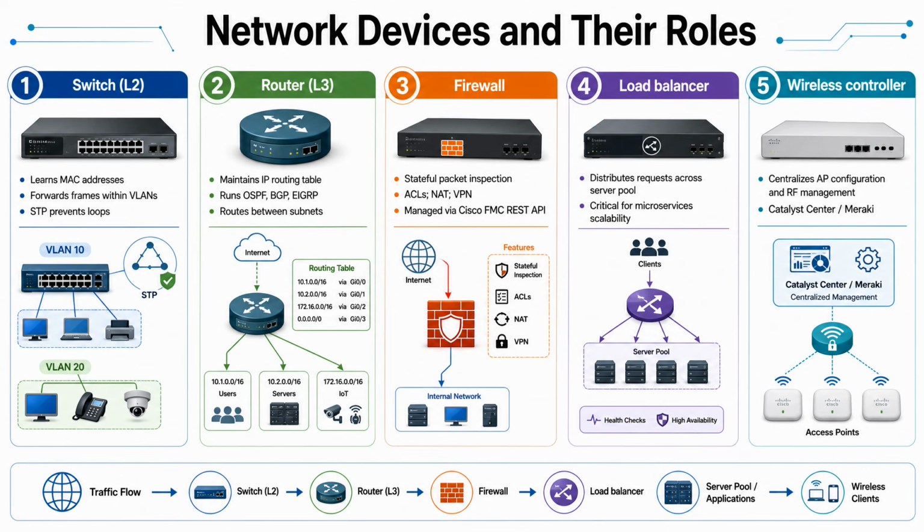And the wireless controller, either Cisco Catalyst Center or Meraki, centralizes the configuration and radio frequency management of all your access points, allowing consistent SSID, security, and RF policies across the entire wireless infrastructure. Every one of these device types has moved toward REST APIs and structured data interfaces. The next slide maps out exactly what those look like.